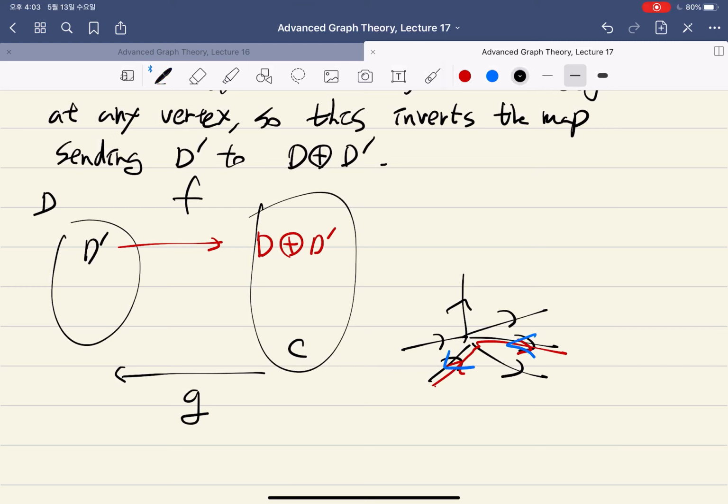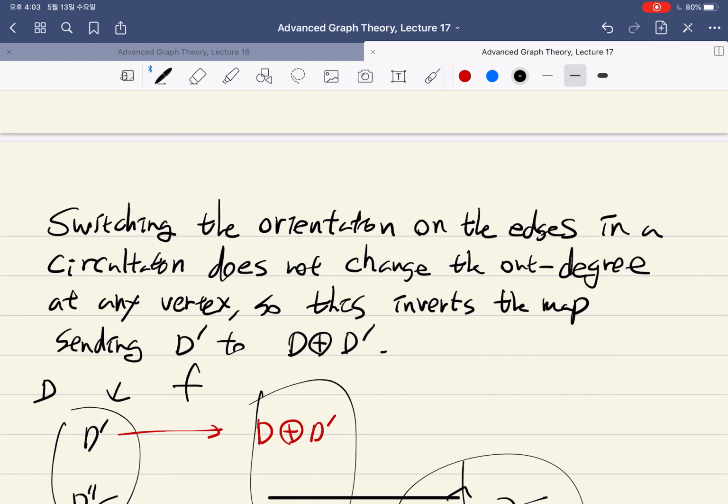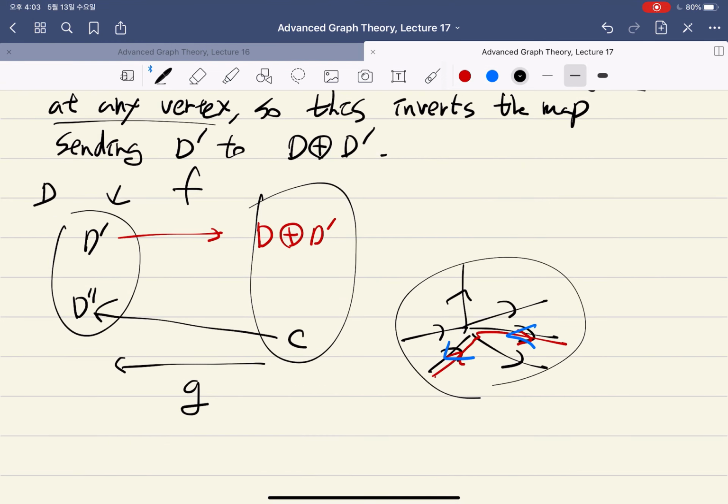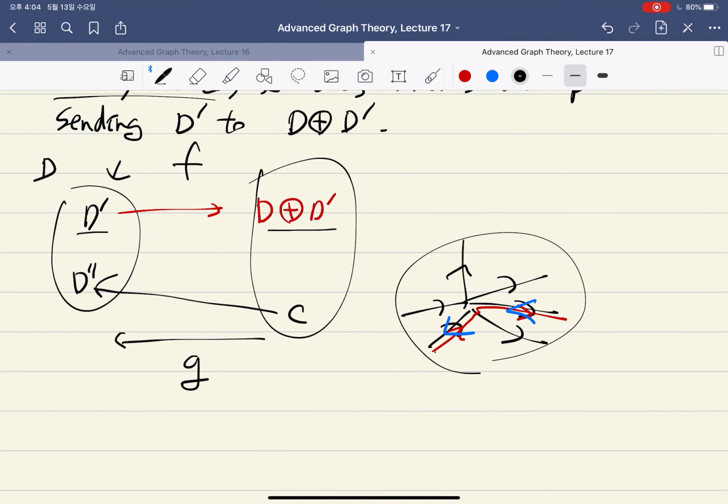Then you get a new orientation, which is D double prime, which is within this set because it has the same out degree as D. And then it's actually the inverse map. You take D and then you go to this circulation, and then you use this circulation to invert the orientations in D, then you come back to D prime. So this is actually a bijection.